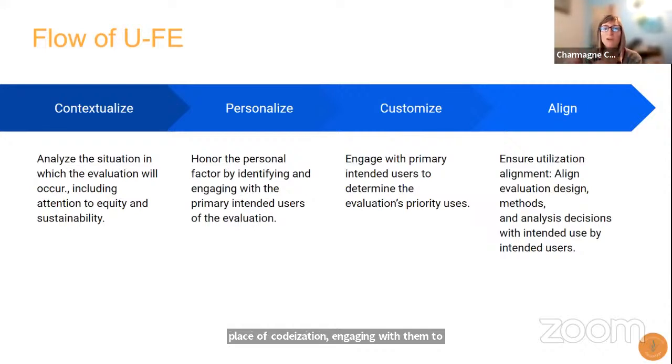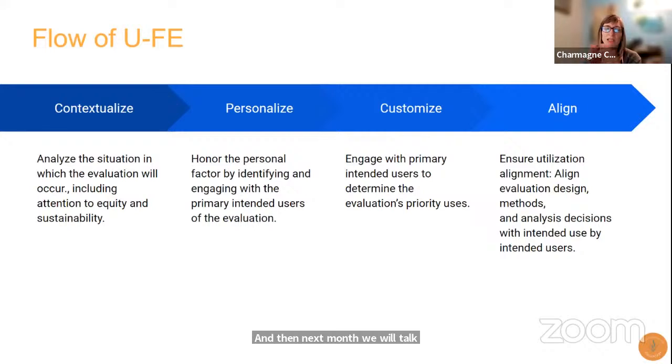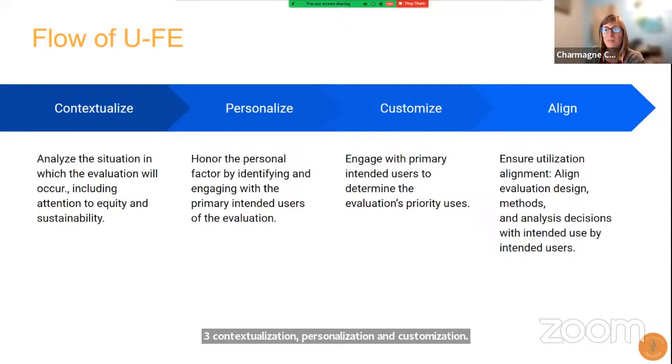And then next month, we will talk about the fourth principle, which is to align and ensure that the design, methods, and analysis decisions are aligned with these three: contextualization, personalization, and customization. So we hope that you'll join us next time for that.